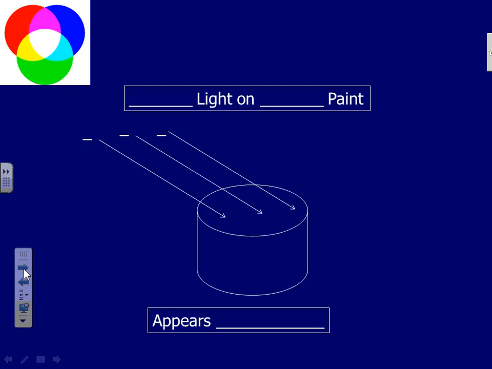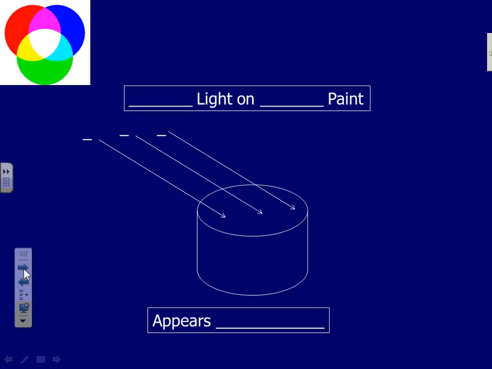White light is striking it. It looks yellow, which means, what is it reflecting? If it looks yellow, what is it reflecting? Red and green. In a moment, I'm going to shine some cyan light on it. What colors are in the cyan light?